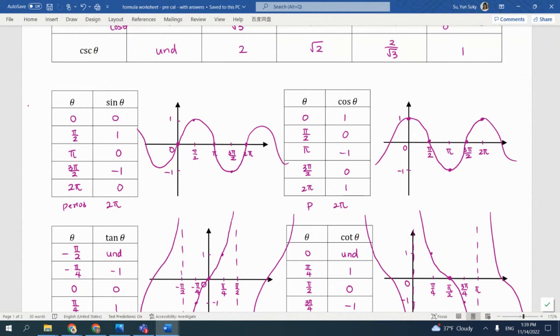You know, inverse functions, they are mirror images about the line y equals x, right? So this is y equals sine x, and then the inverse function will be arcsine of x. Another notation is sine inverse of x. They mean the same thing.